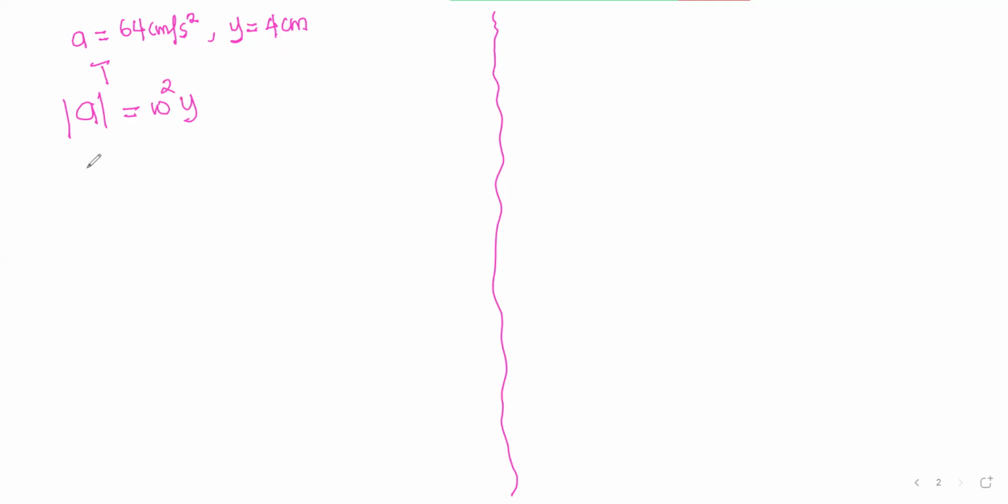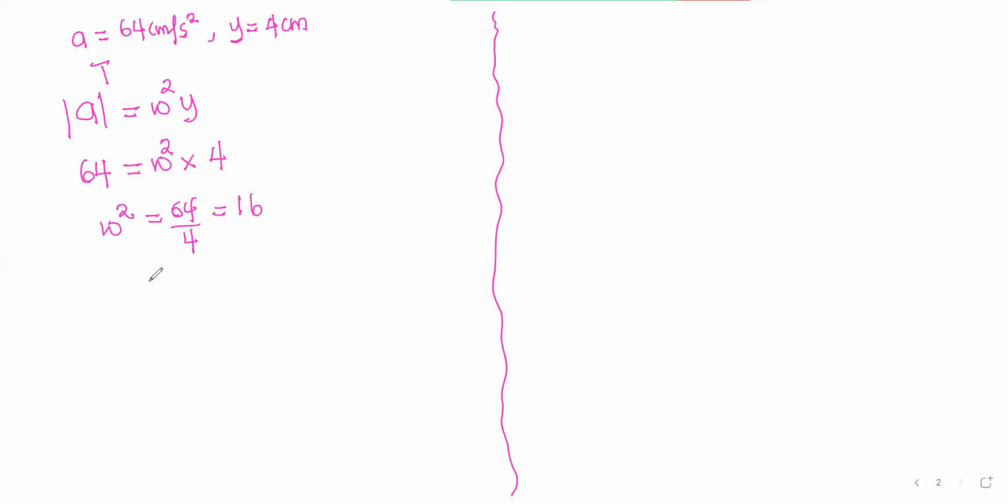Therefore, if a is 64, omega squared times 4 gives 64, so omega squared would be 64 on 4. Class, what is 64 on 4? Yes, 16.